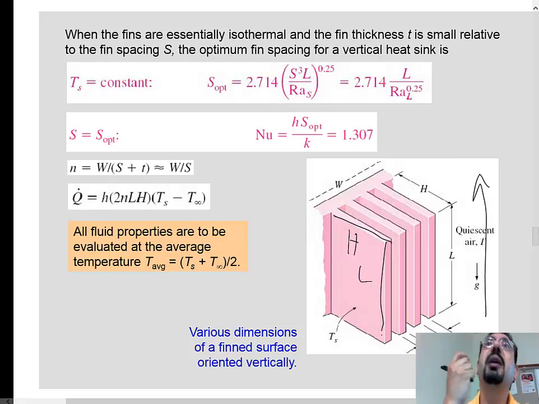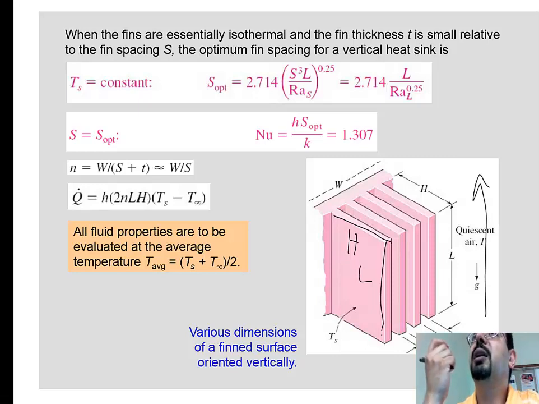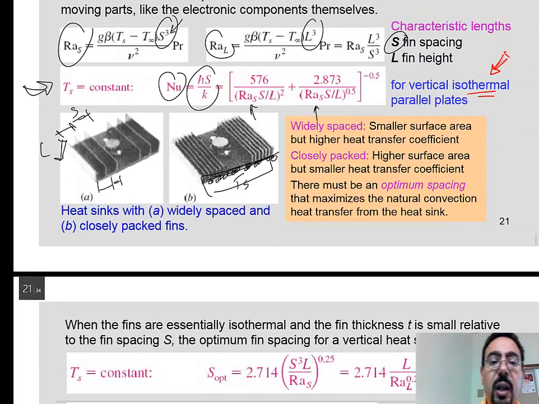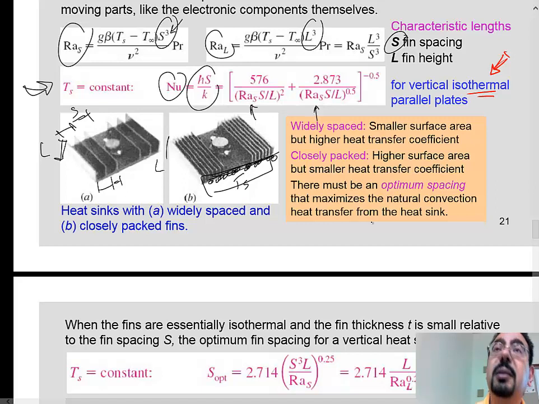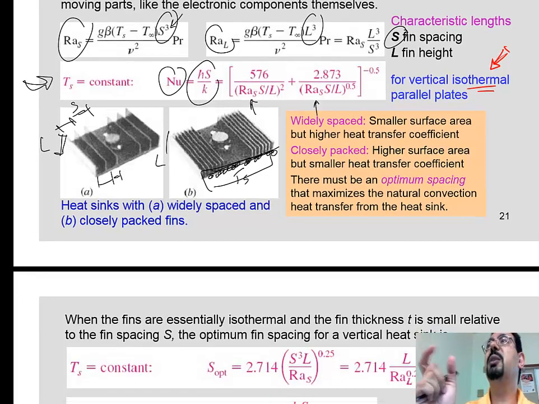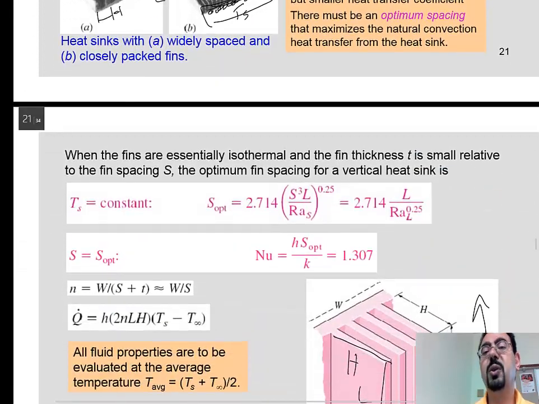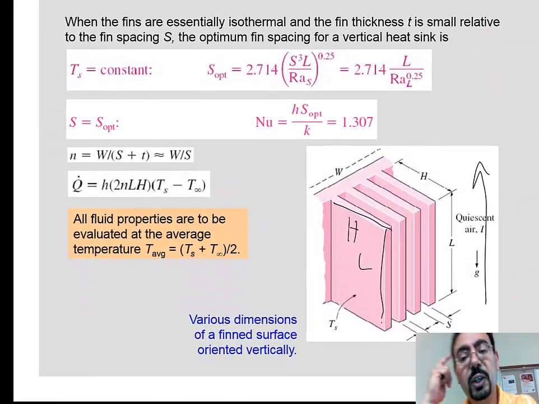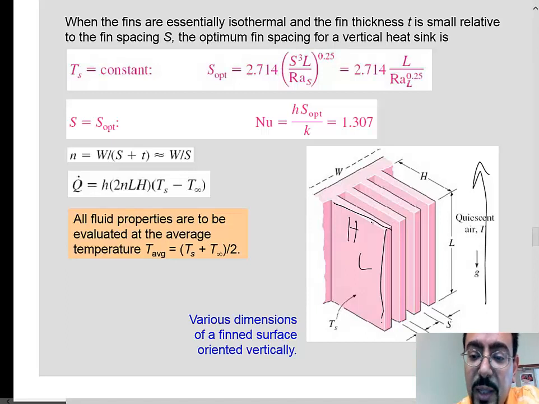It's the distance that makes a difference with the air. If this guy was sitting horizontally like this, this would be the length. It's the height above the ground. That's the L. And S is the spacing between those cells that start generating the convection, right? So that's the L, and that's the H in this case.